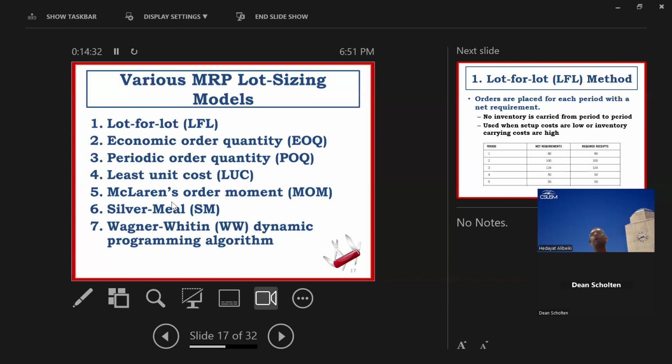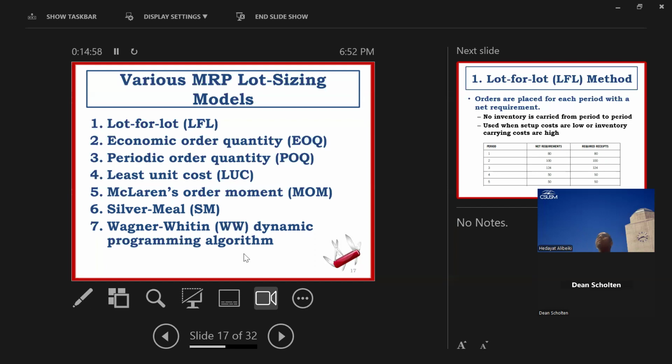When it comes to lot sizing techniques, lot for lot, EOQ, POQ, I told you a little bit about those. Least unit cost, Silver-Meal, and Wagner-Whitin, and then dynamic programming, Wagner-Whitin dynamic programming.